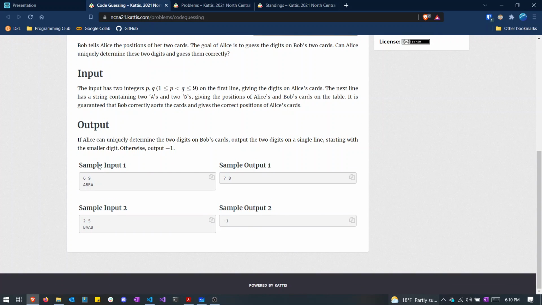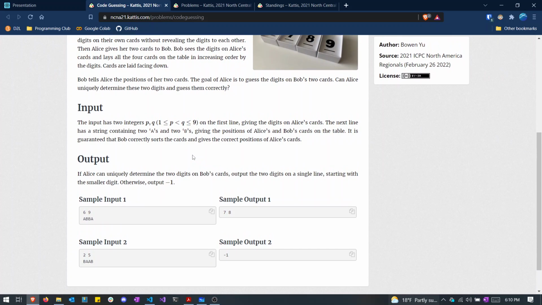So basically we know which 2 cards are Alice's. We need to figure out what Bob's cards are, and determine if we can figure them out, making sure they are laid out in increasing order. If we can accurately predict what Bob's cards are going to be, we output them.